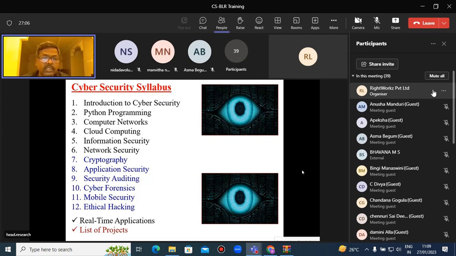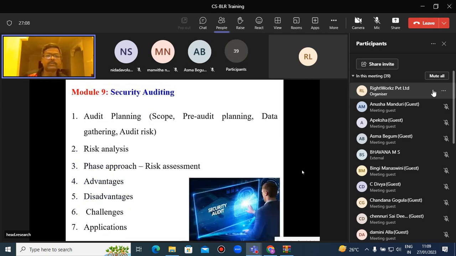organization level. Today I am going to explain what audit planning is, what the scope of audit planning is, what pre-audit planning is, and what data gathering and audit risk are.